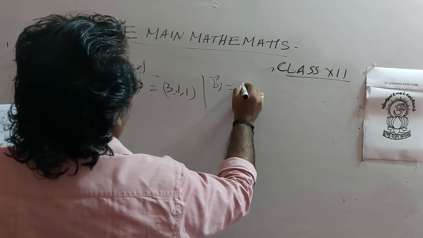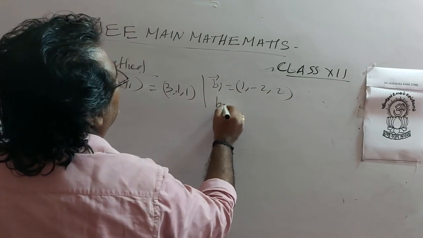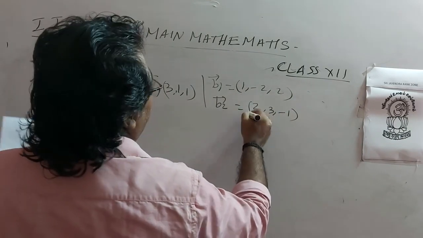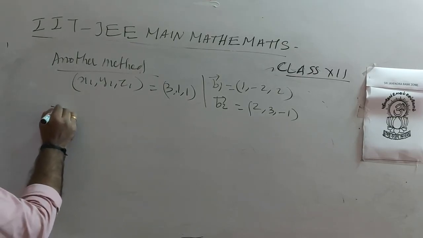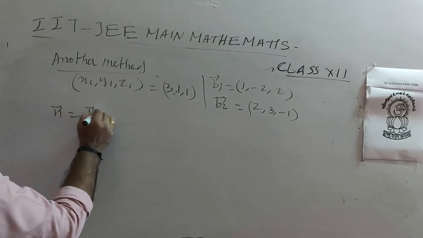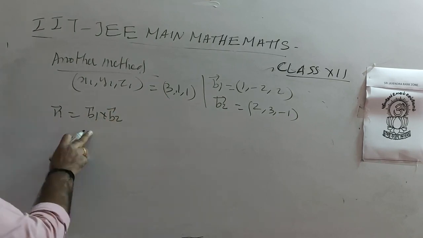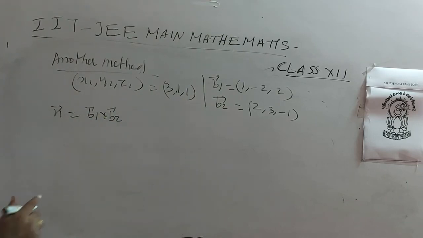B1 vector is 1, -2, 2 and B2 vector is 2, 3, -1. These are parallel vectors; the direction of a line means a parallel vector. We know one point. We know that the n vector equals B1 vector cross B2 vector. B1 cross B2 is perpendicular to B1 and B2, so the perpendicular can be taken as the n vector.